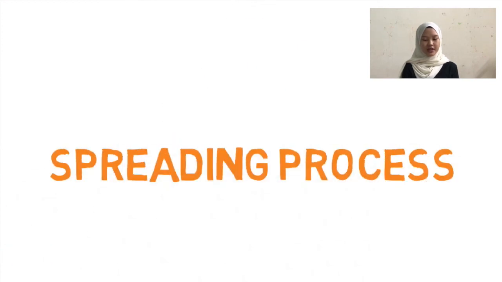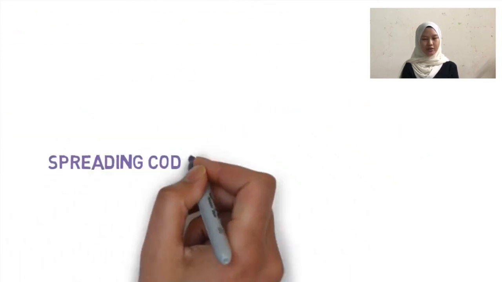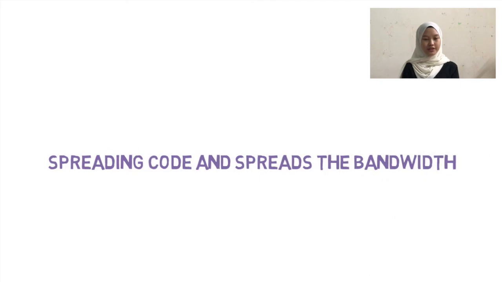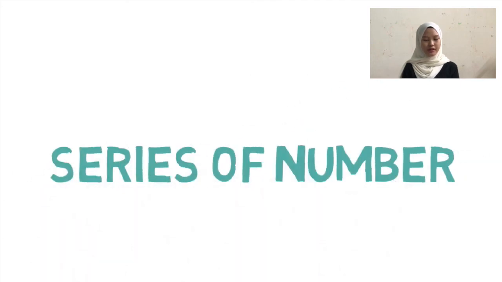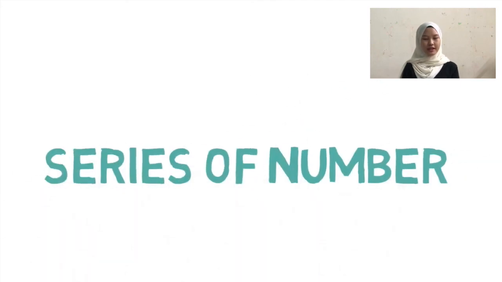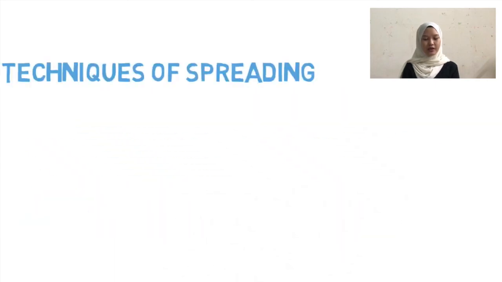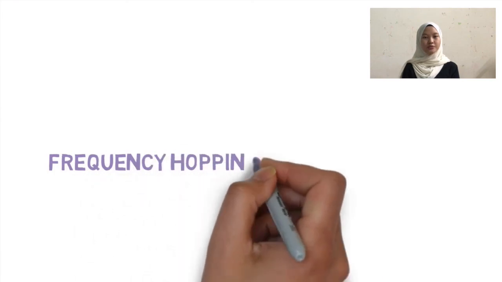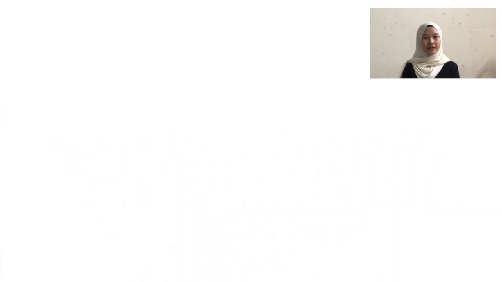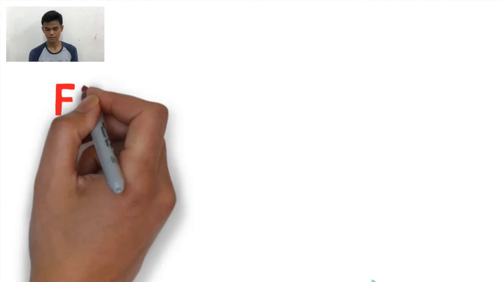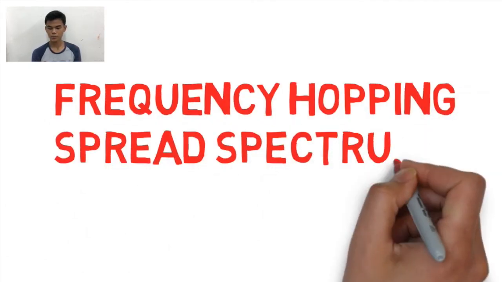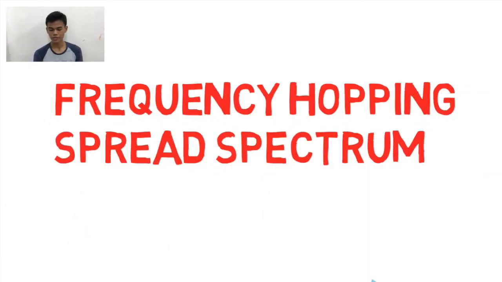In the spreading process, it uses a spreading code and spreads the bandwidth. A spreading code is a series of numbers that looks random, but is actually a pattern. The two techniques to spread the bandwidth are frequency hopping spread spectrum and direct sequence spread spectrum. Frequency hopping spread spectrum, or FHSS, is one of the spread spectrum techniques.